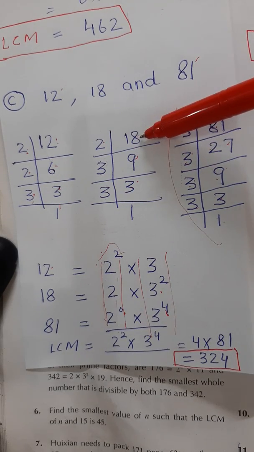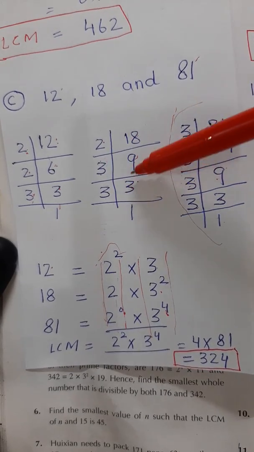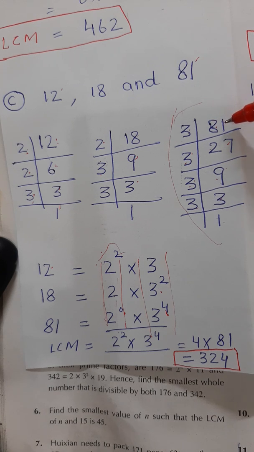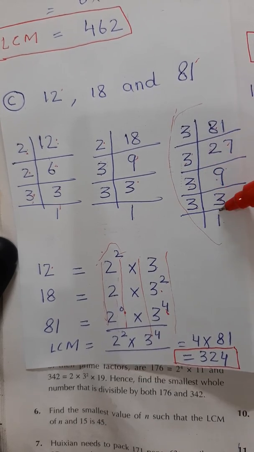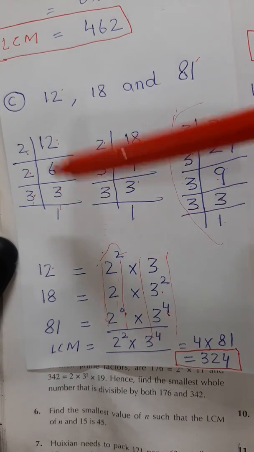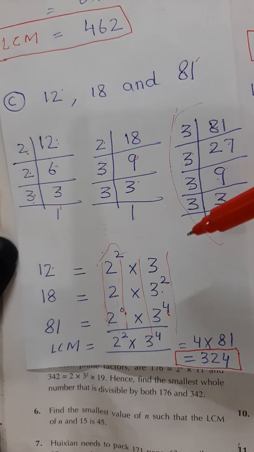Prime factorization of 18 is 2 times 9, 3 times 3, 3 times 1. And prime factorization of 81 is 3 times 27, 3 times 9, 3 times 3, 3 times 1. Now express each of 12, 18 and 81 as a product of its prime factors in index notation.